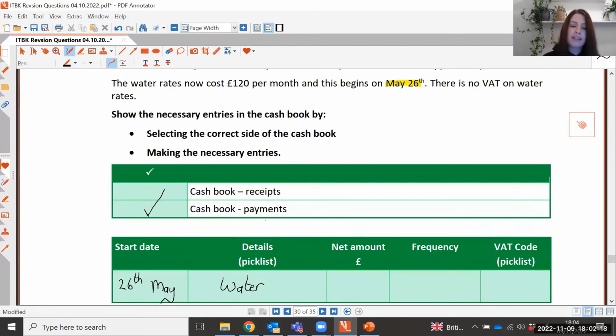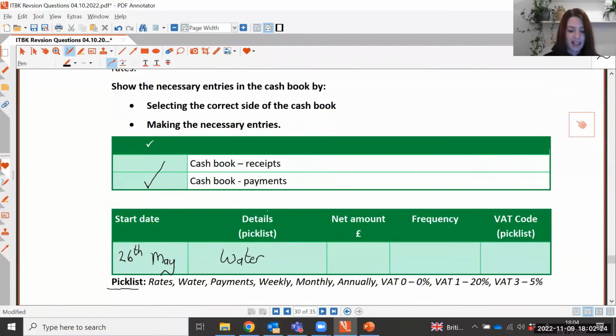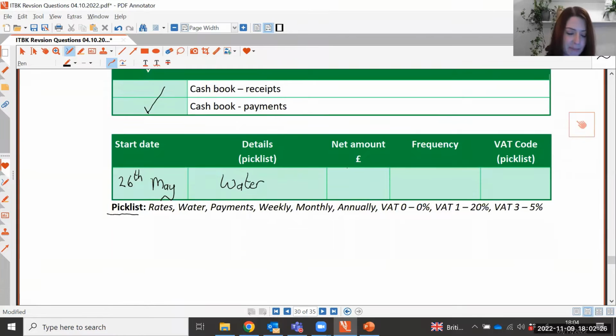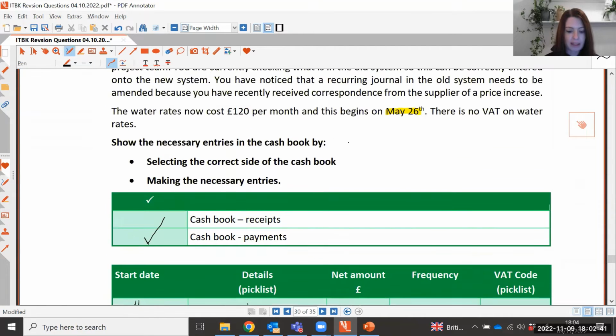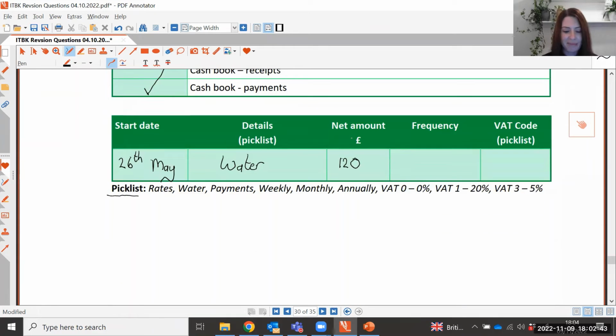And then what about the net amount? £120, good. And then what did it say the frequency of the payment was? I'll just scroll back up. Monthly, good.